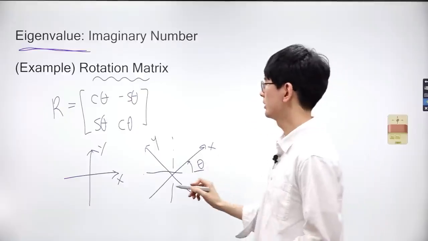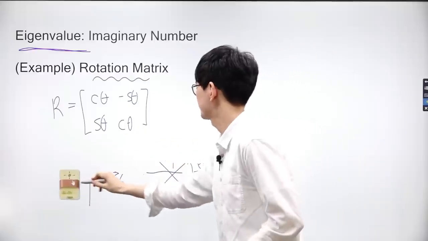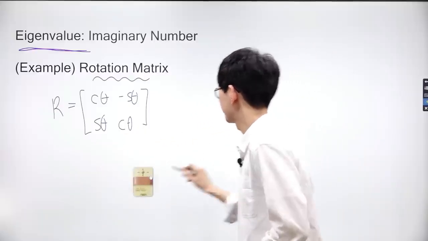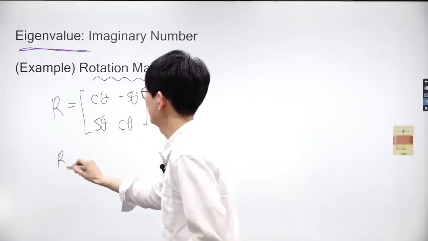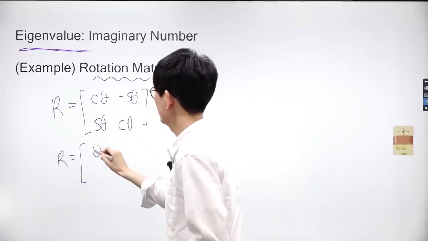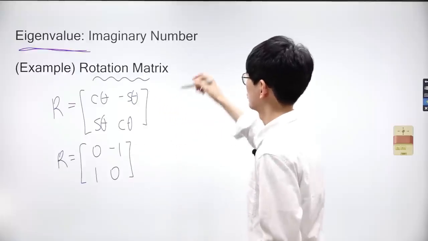This matrix R rotates the space by theta degrees. Let's find the eigenvalues of this rotation matrix. If matrix R rotates the space by 90 degrees, its entries become 0, -1, 1, and 0.